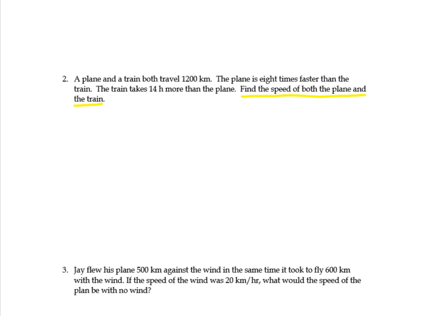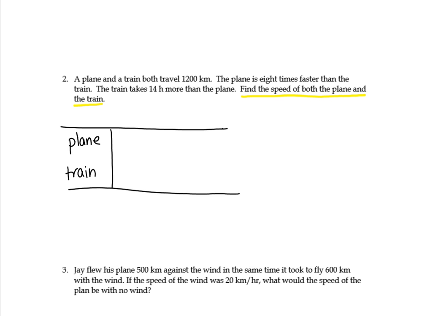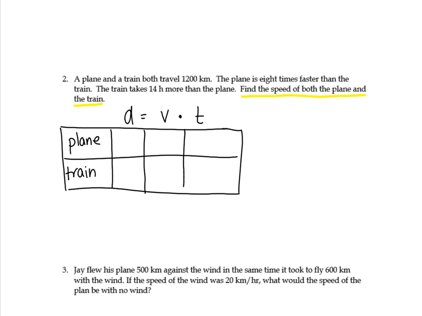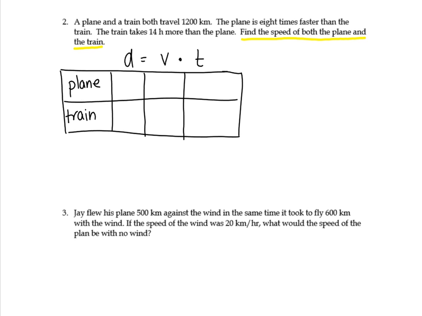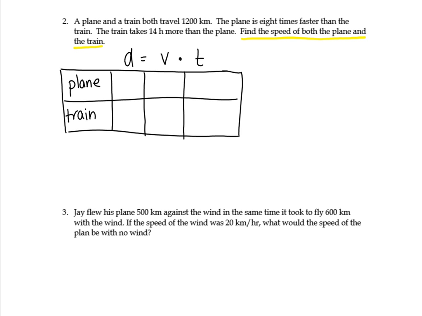Okay, so my 2 situations, plane and train. Distance equals rate or speed times time. So what can we fill in right away?